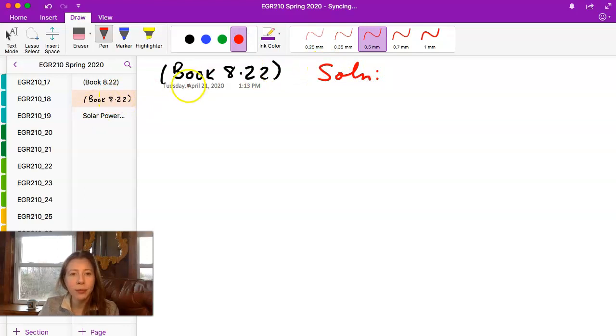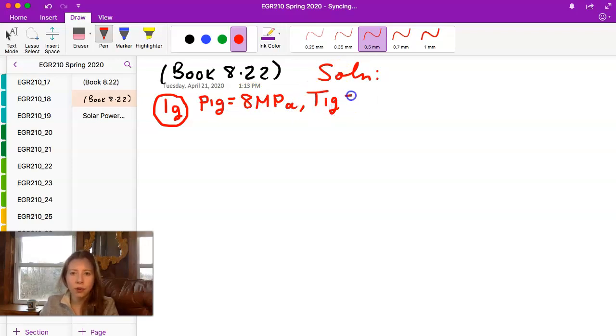So let's begin with state 1G. Right when we get out of the generator, we know that our pressure is 8 megapascals. We know that our temperature is 480 degrees C. And we know that we're superheated.